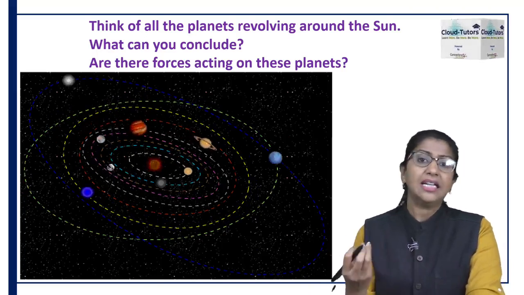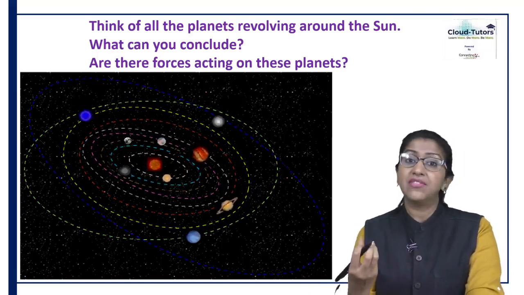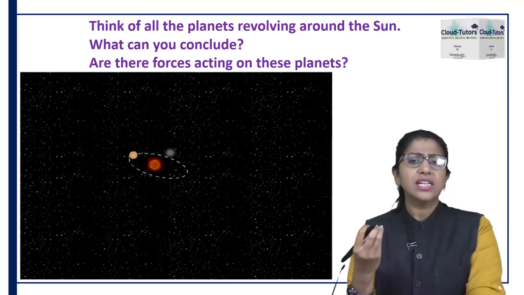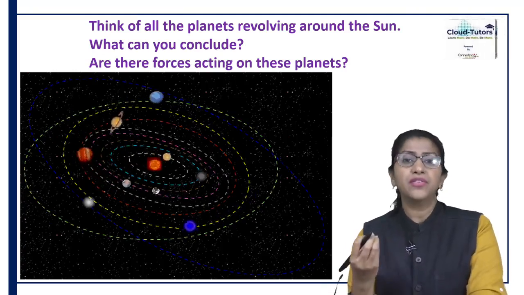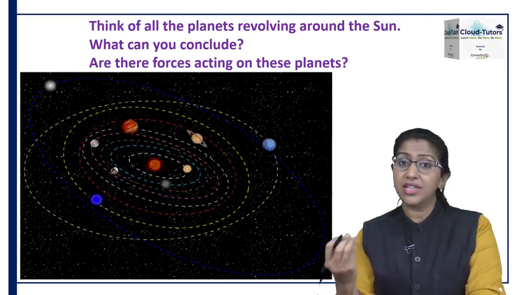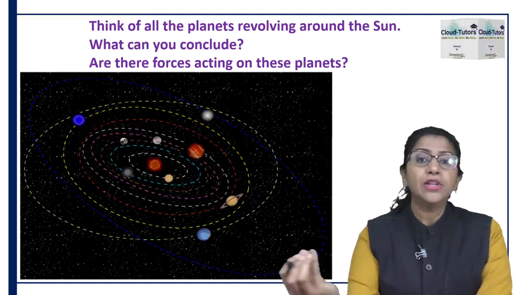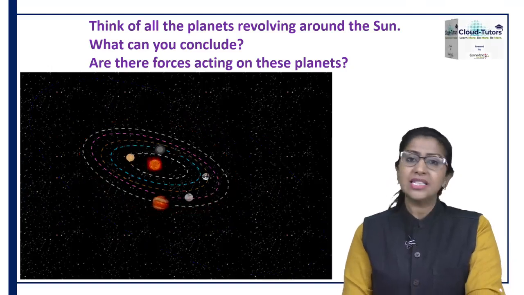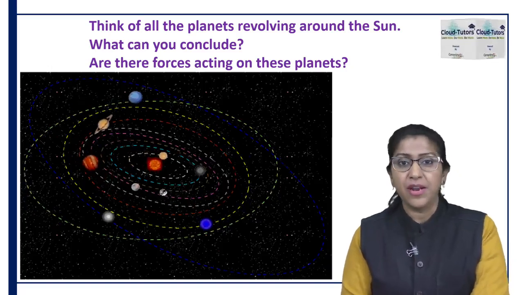So there is definitely a change in velocity because there is a change in direction at every point on this path. So there is definitely some amount of force that is acting on each of these planets to be able to perform this elliptical motion. So what is this force and where is this coming from?